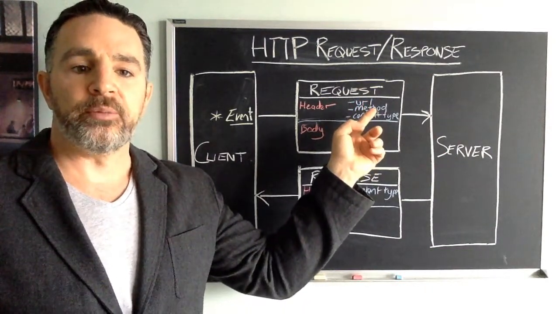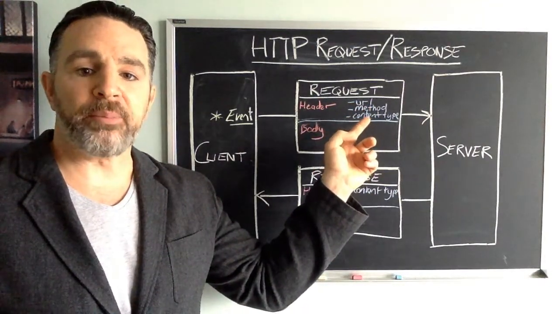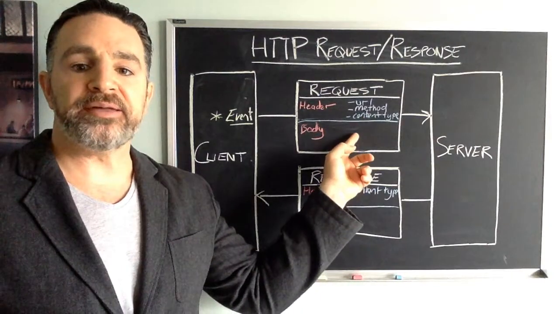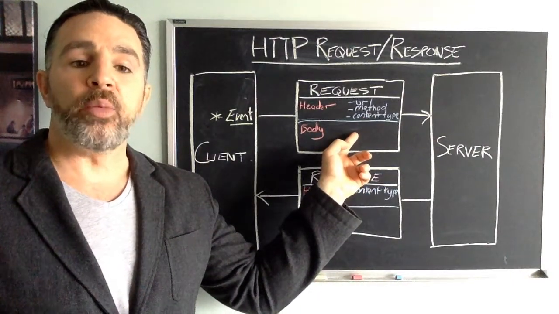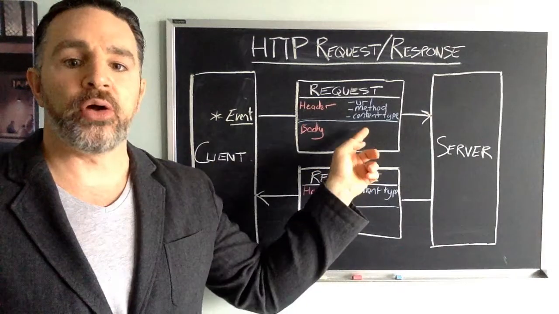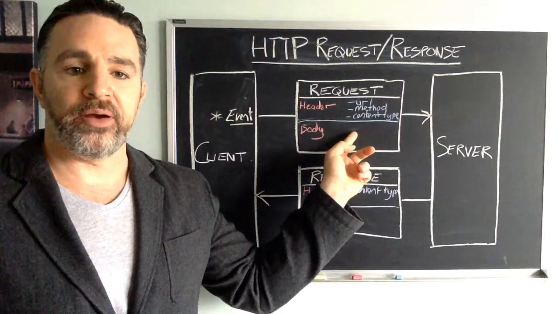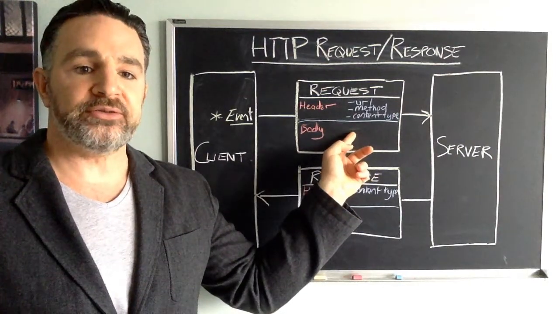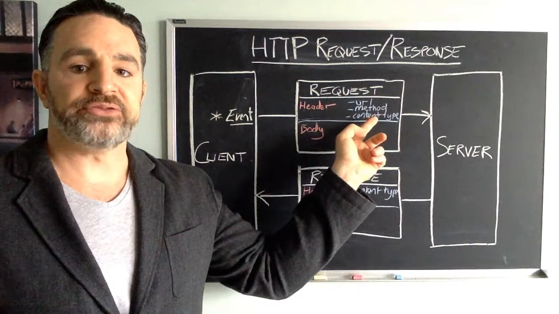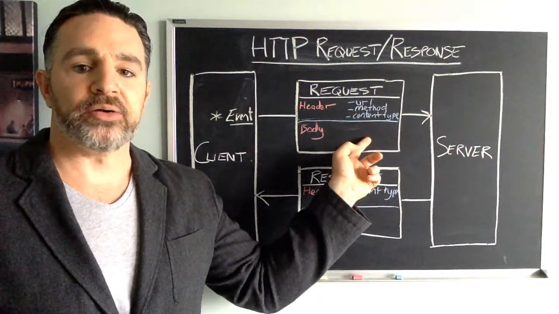The method will be POST rather than GET. Now the content type will actually be populated here, because we're going to have something in our body and we're going to use JSON. You can use another method called URL encoded. There's two main ways that you would transmit data on a POST request. We're going to use JSON, so we're going to set our content type header field to JSON.